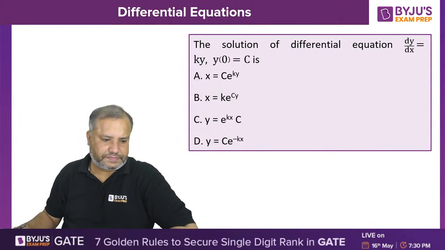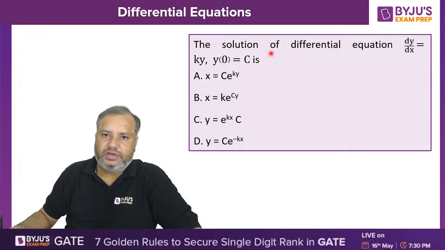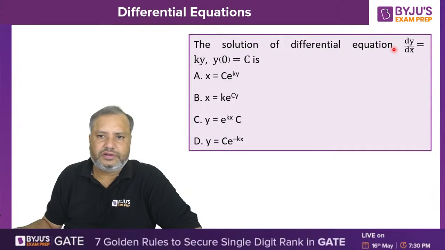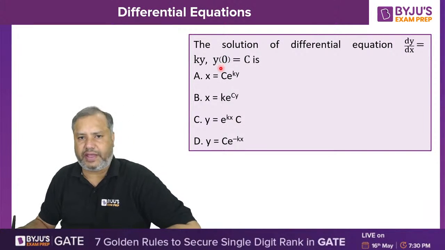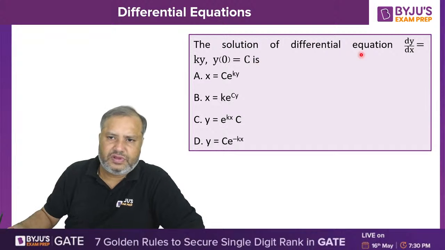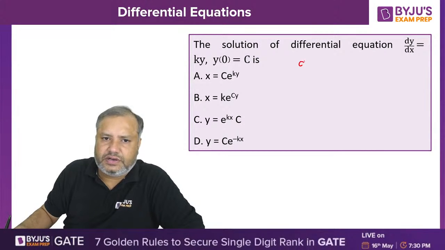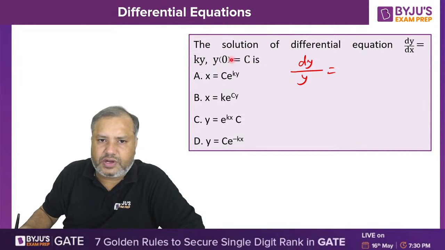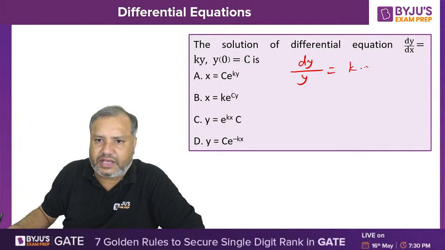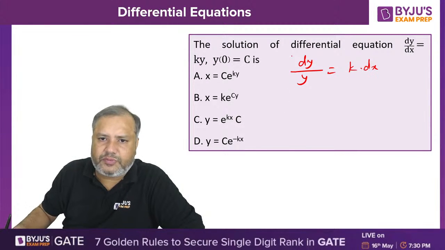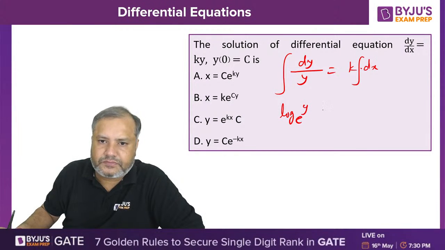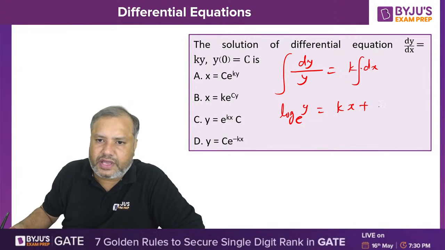See this question. The solution of differential equation dy by dx equal to ky, where y of 0 is c. Okay, so students, dy upon y, this y is brought to the denominator, and k dx. Now integrate both sides. So this is log y equal to kx plus log c.